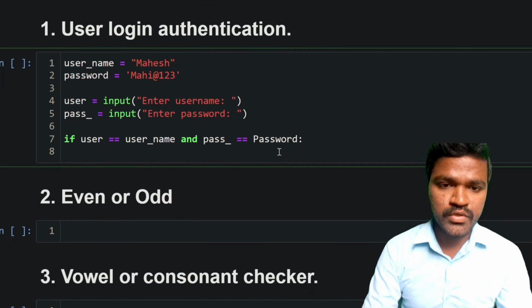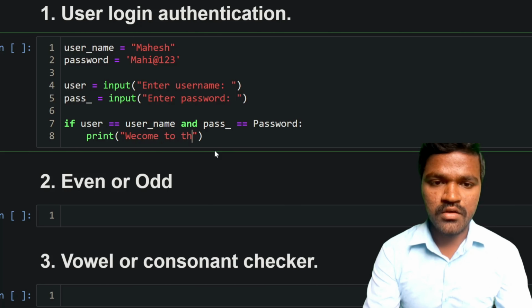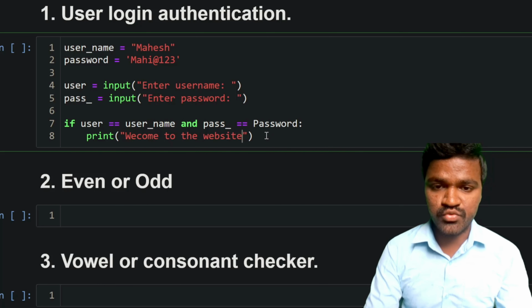If that is true, what I'm going to print is welcome to the website. So we are welcoming the user to the website if both conditions are true, the username and the password.